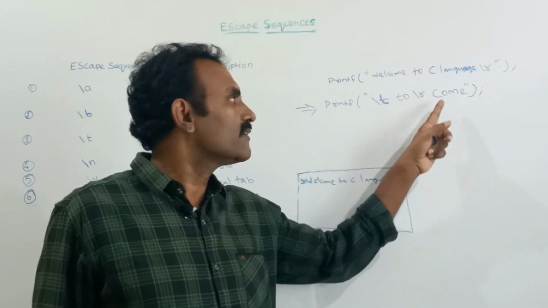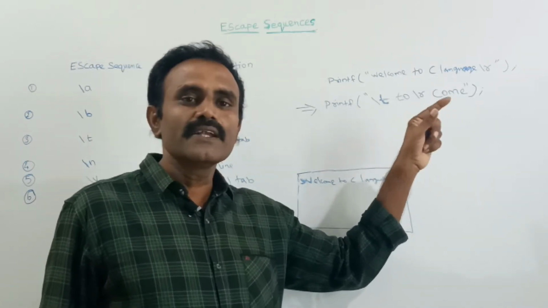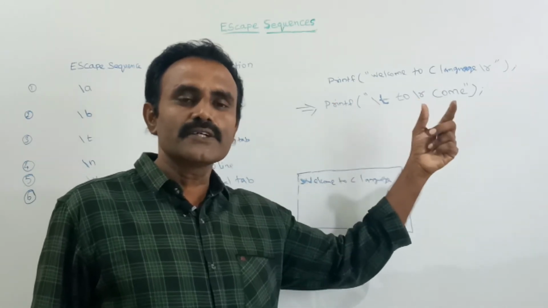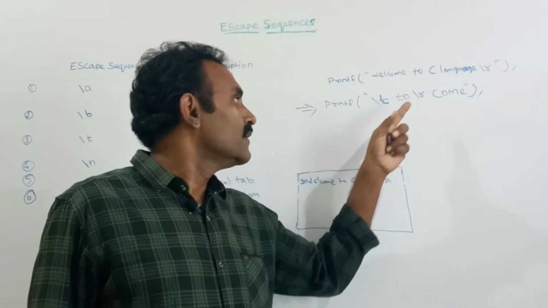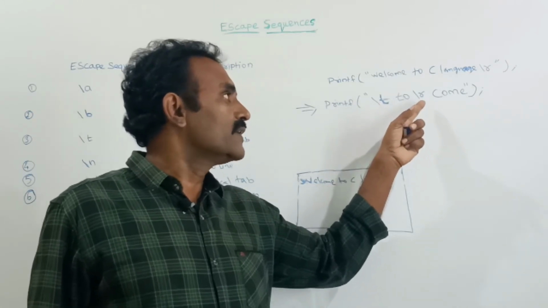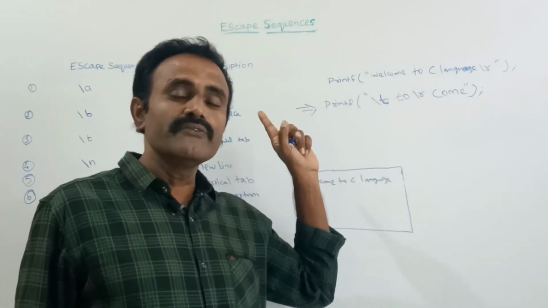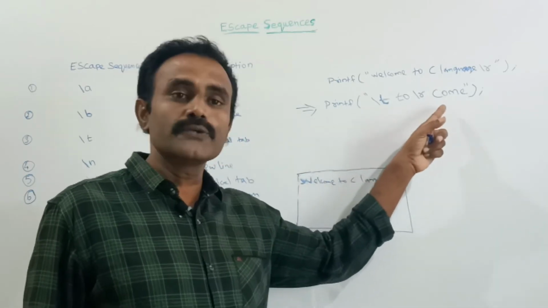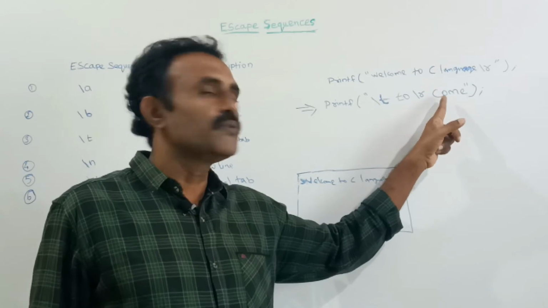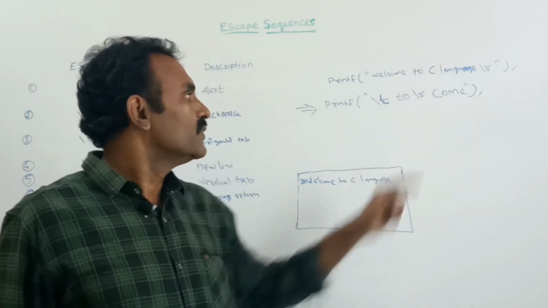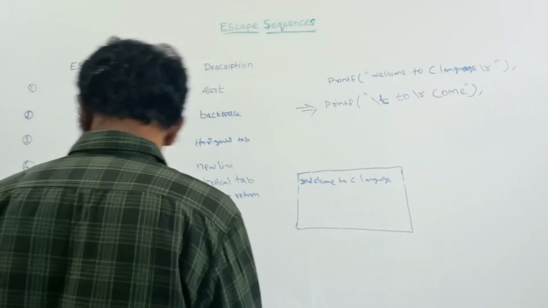The \r always brings the cursor to the very first position of the current line where it is used. After that I am telling it to print the word "come". So the output will be displayed like this.